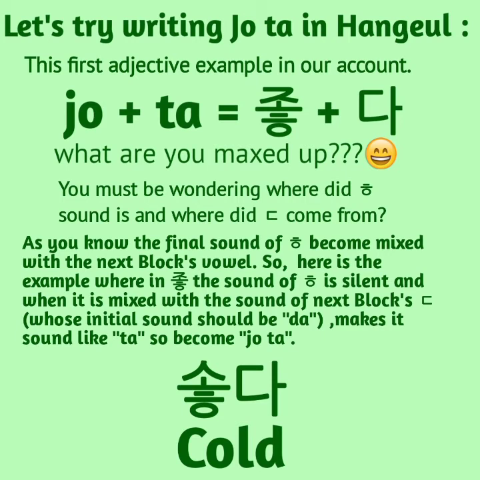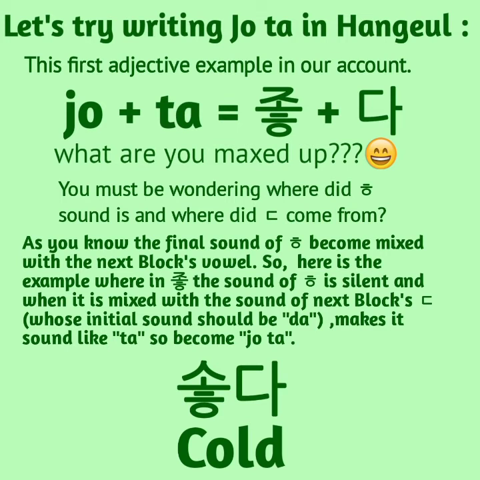Here is the example where in cho the sound of hiyot is silent, and when it is mixed with the sound of the next block's digut, it makes tha. You must be confused that the initial sound of digut is da and the final sound of digut is t, and in this block digut is used as initial, so we must use the initial sound, but the silent hiyot will combine with digut and make it sound like tha.